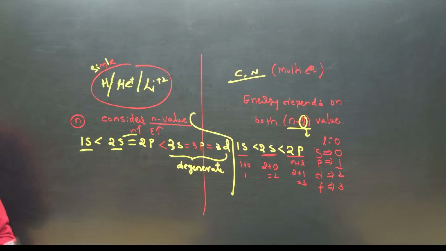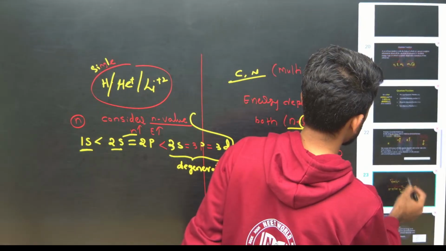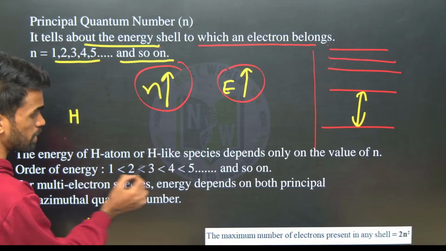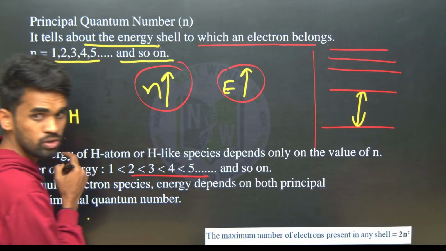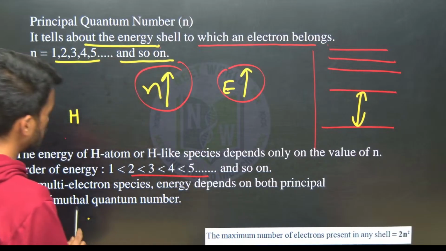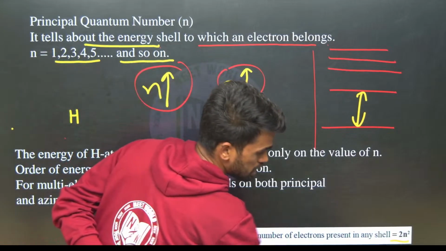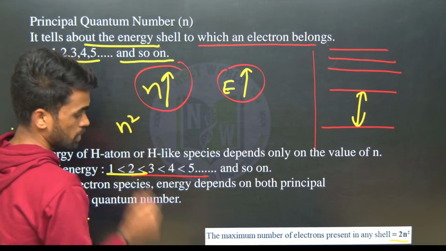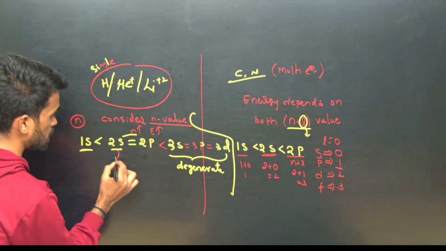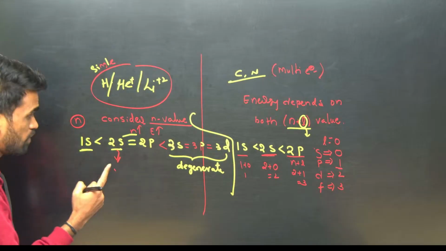Is that clear now? So what we discussed: for a single electron system energy depends only on the n value, for multi-electron it will be n plus L. Now look here, the maximum number of orbitals present will be taken as n square. For s subshell we have only one orbital, that comes from L values, I will tell you.